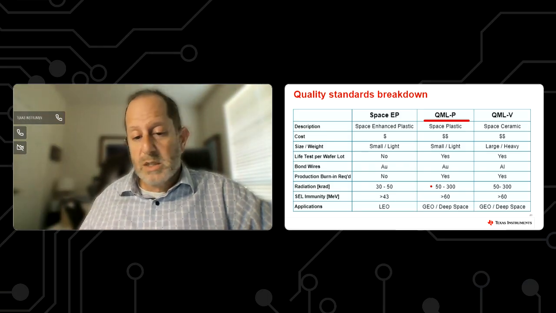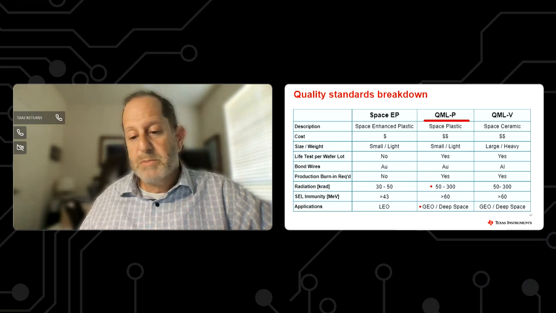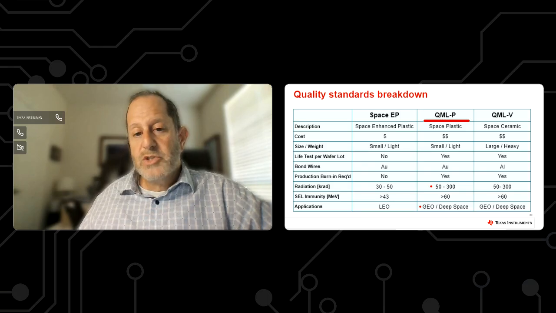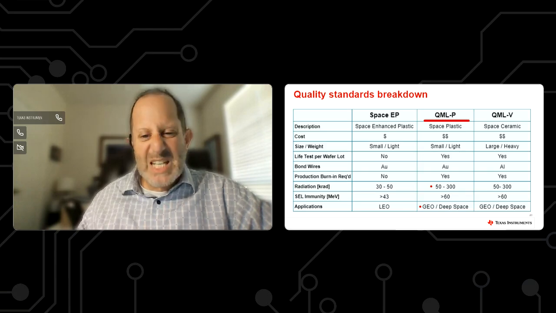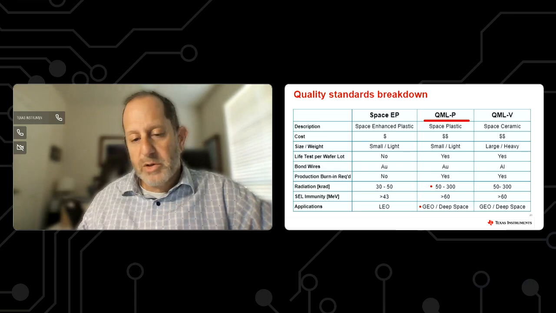It's still applying to the same geosynchronous orbits and deep space applications. It's just now we're physically smaller, we're physically lighter. We can now adhere to some of the higher frequency PCB designs that we're familiar with for industrial applications. We can now shift those very quickly into space grade applications.